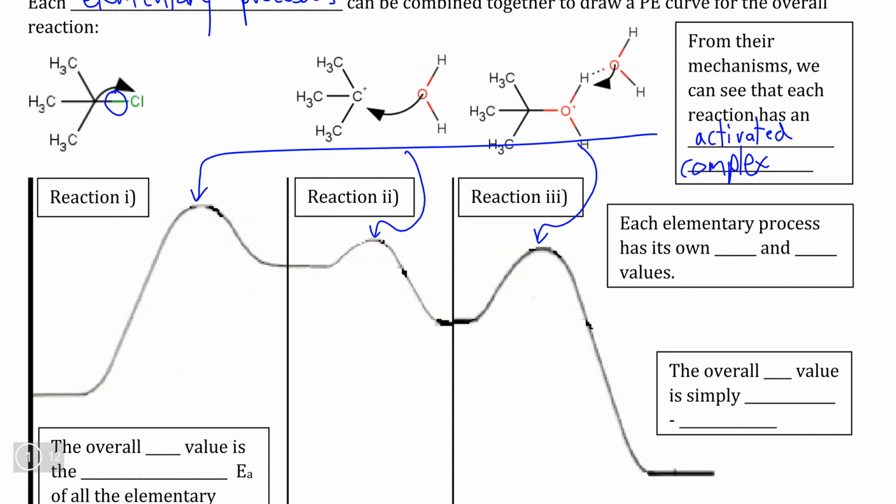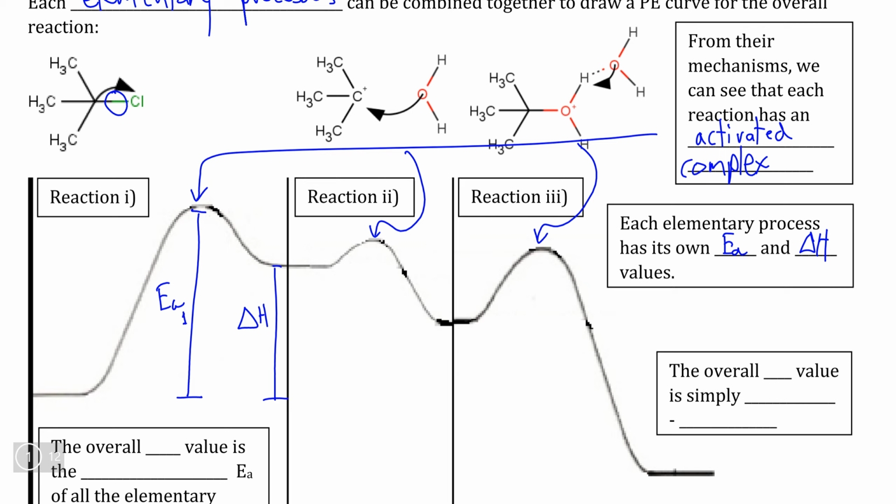Now we can see, based on the shape of each potential energy curve, that we can draw EA, the activation energy, and delta H, the energy change between reactants and products for each individual reaction. In reaction 1, this is the activation energy between the reactants and the activated complex, so we can call this EA1, and if we measure the distance between products and reactants of step 1, this would be delta H1.